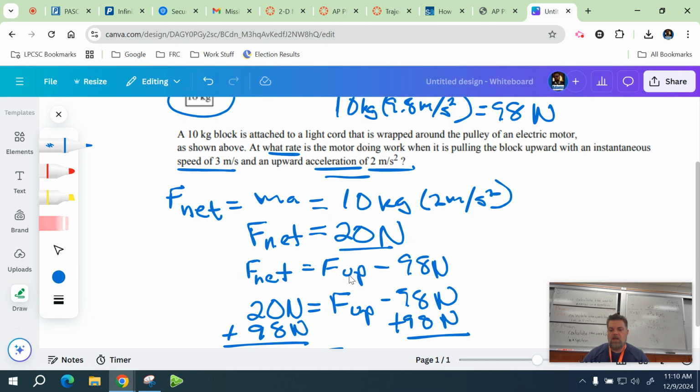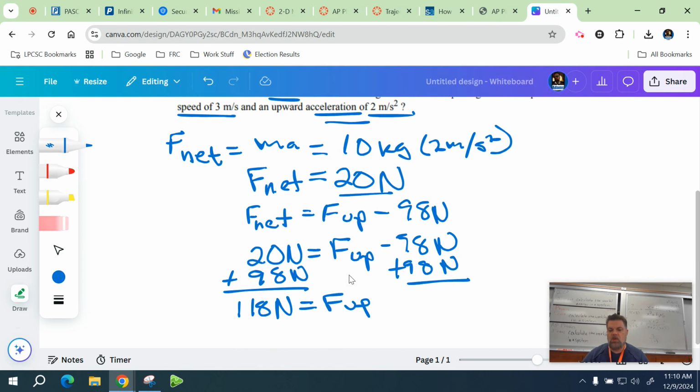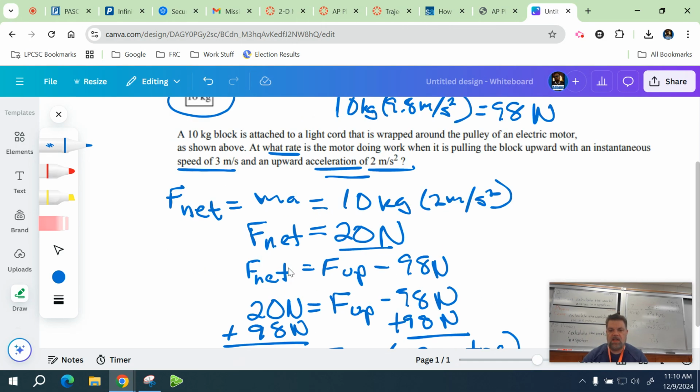And so, in other words, the force going up of the motor is 118 newtons. But we need to find the rate, which is power.